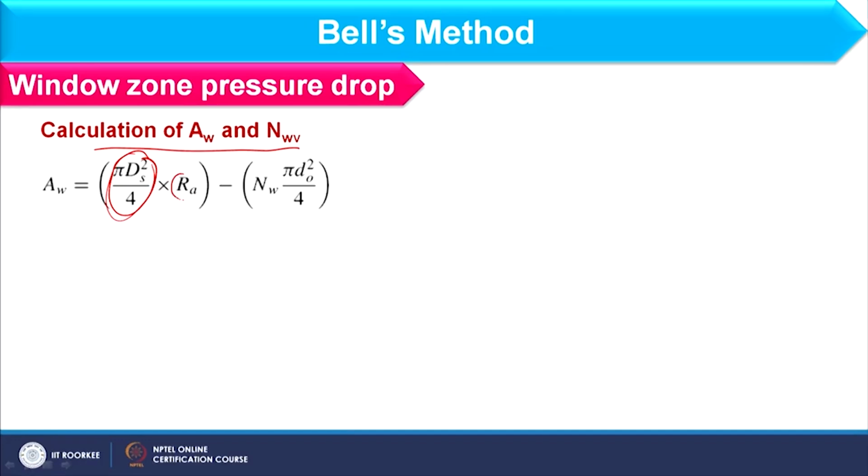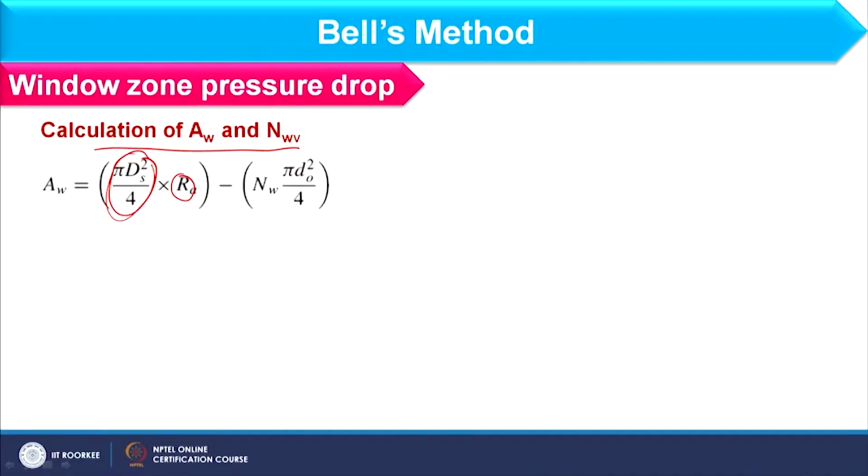Okay. And what is RA? RA we have already discussed in lecture 2 and lecture 3 of this week, and this is basically window area by shell area. Okay. Window cross sectional area by shell cross sectional area. Okay. So, if I consider this is basically the shell cross sectional area, and here I am having window zone by shell cross sectional area, this will give the total window cross sectional area, right, if I am having the RA value.